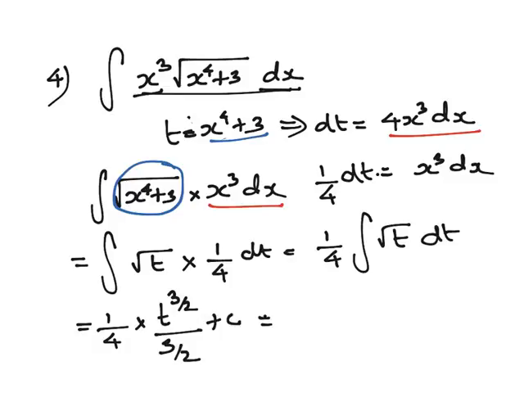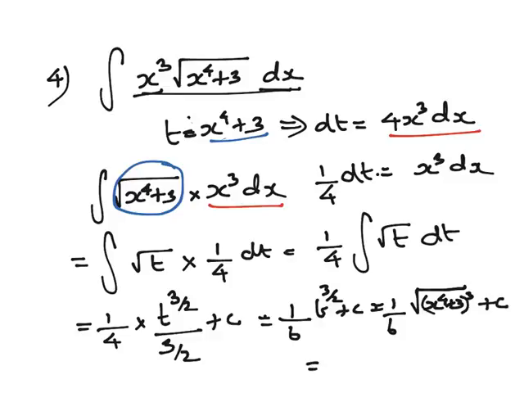If we simplify this, you will get 1 by 6 t power 3 by 2 plus c, which is nothing but 1 by 6 square root of t cube, that is, x power 4 plus 3 the whole cube, plus c.